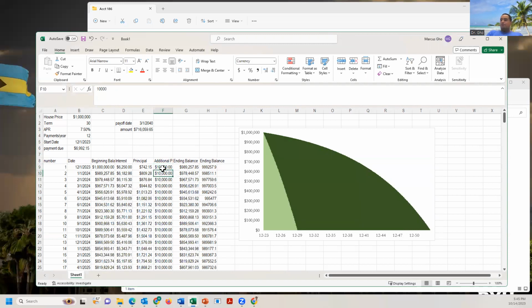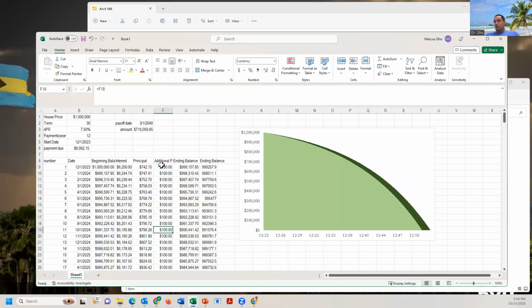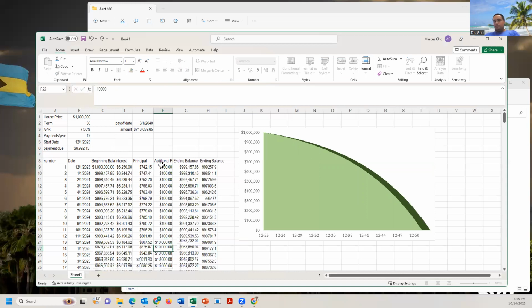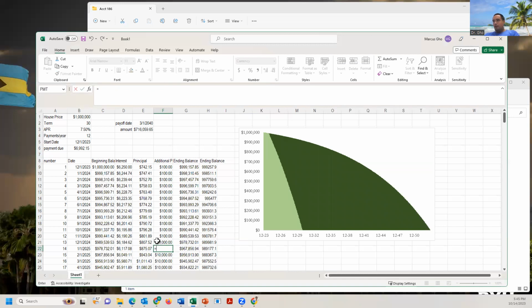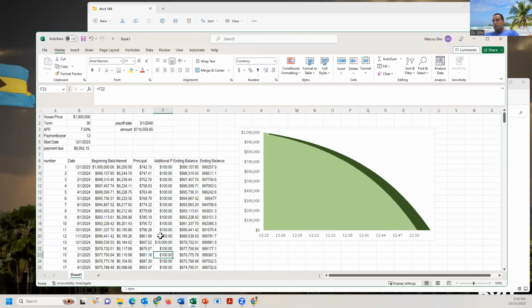But really, having this additional principal thing is pretty handy because if you create this for your own mortgage, most of us, when we're paying things down, might make a couple hundred dollar payment, but once in a while, maybe at the end of the year, our boss likes what we do and we'll get a little bit of a bonus, and we'll come back to what it was initially, and we can add those in there.